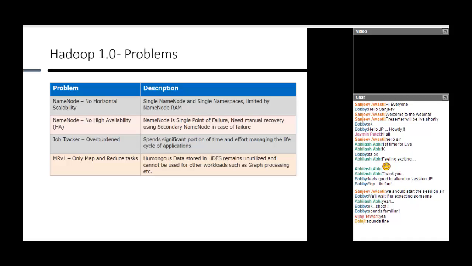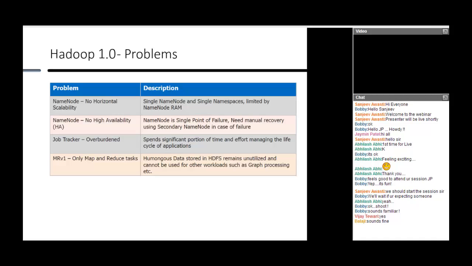Now, to talk about Hadoop architecture, since this is a dedicated class for Hadoop 2.0, I will not talk much about Hadoop architecture in detail, but I just mention that, as I told you earlier, it's a master-slave architecture. You have a master node and you have slave nodes. The master node is called NameNode and the slave nodes are called DataNodes.